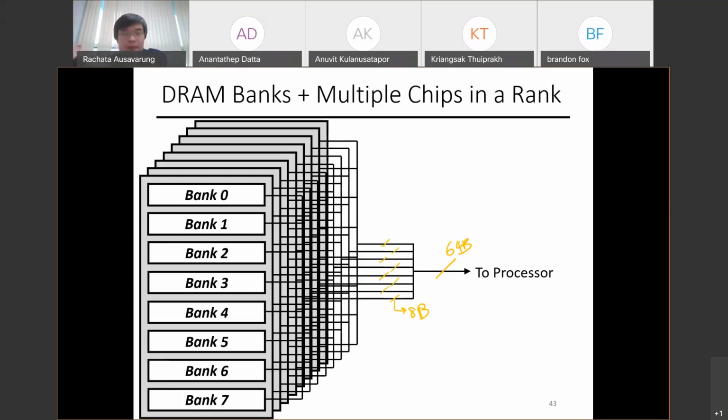Usually this is done through multiple cycles, but eventually all the chips will contribute 1/8 of the cache line. It depends on the number of chips. If you have more chips, each chip will contribute less, but altogether you'll get a cache line.